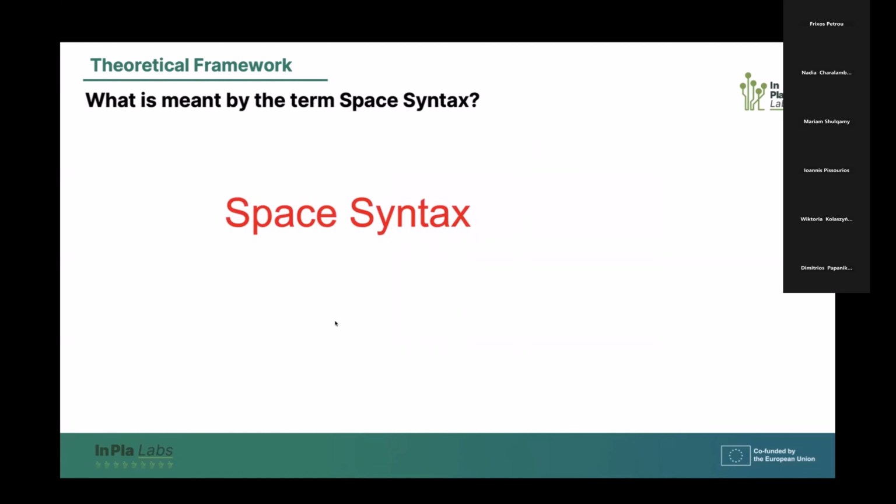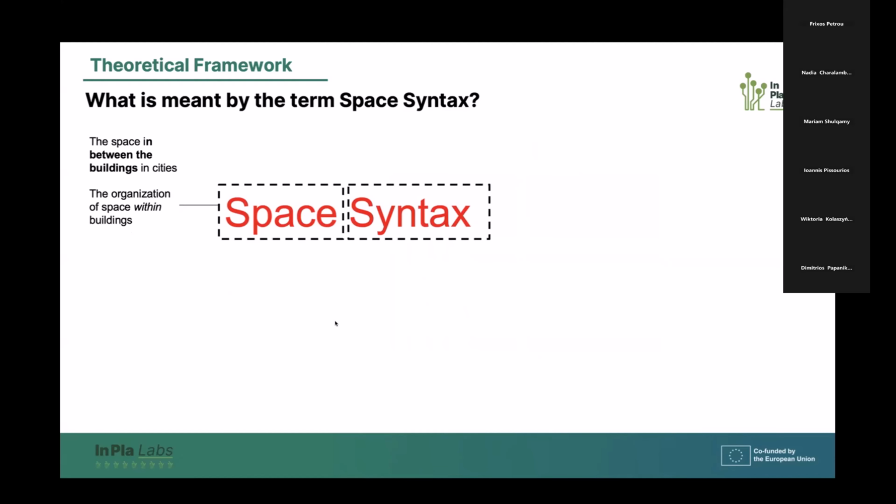Now, firstly, what is meant by the term space syntax? Before delving into the use of the tool, let's understand what is meant by space syntax. When we refer to space, only space, we are doing this in two main ways. First, we are interested in the public spaces, streets, and squares that make up the city, which is called the space in between the buildings, or the space within the buildings.